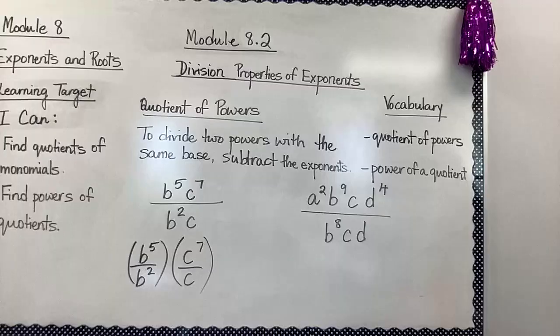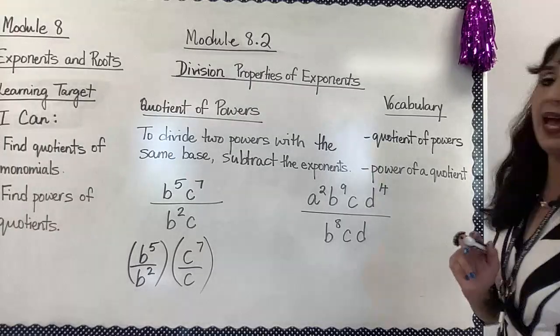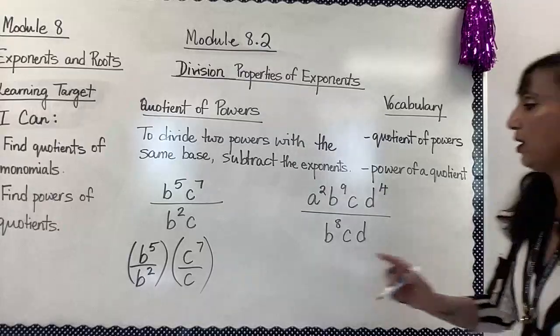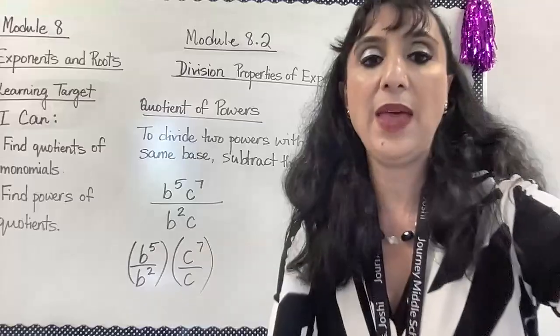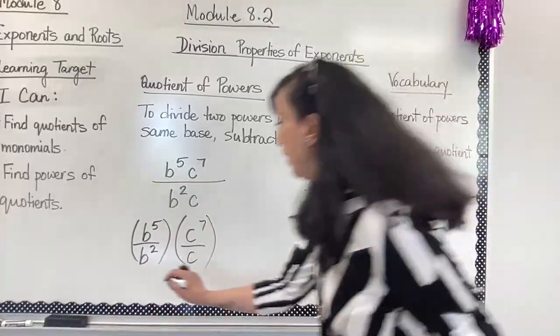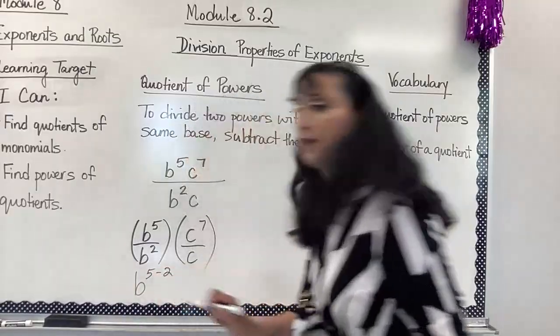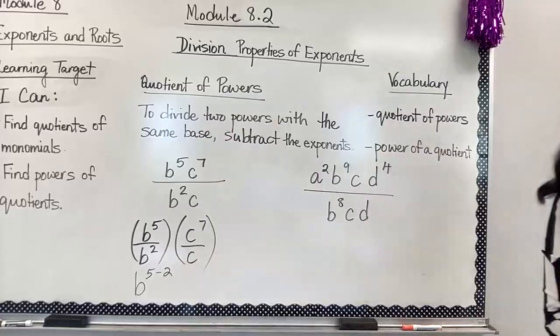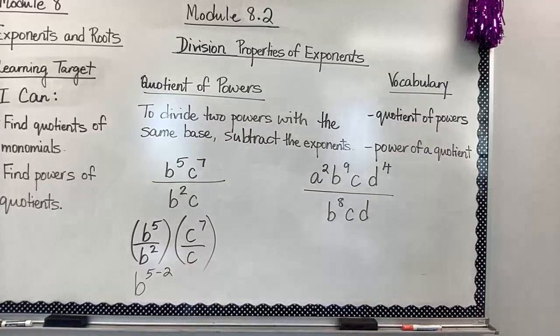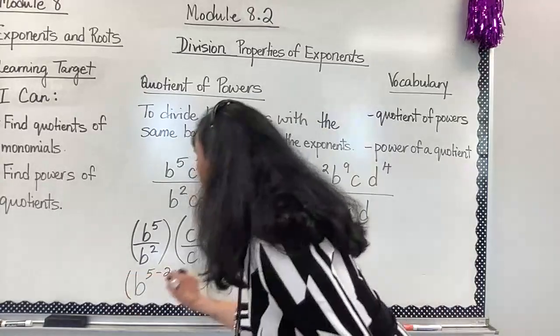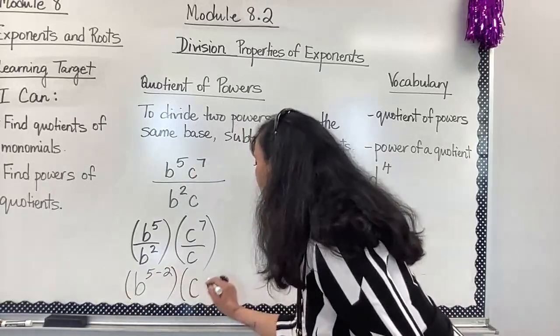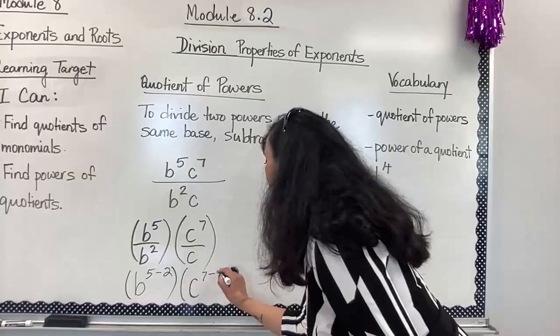And then I am going to use the quotient of powers property, and I am going to look at my b, and that is b to the 5 minus 2, right? Because I'm just subtracting the exponents. So I have b to the 5 minus 2, and I have c to the 7 minus 1.